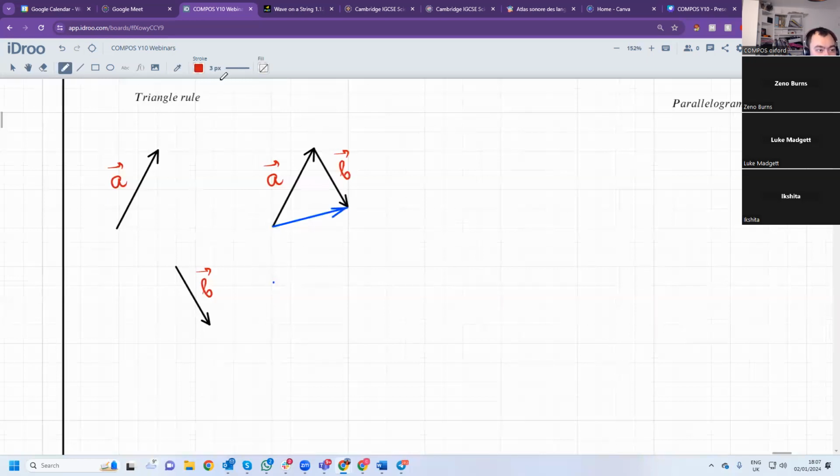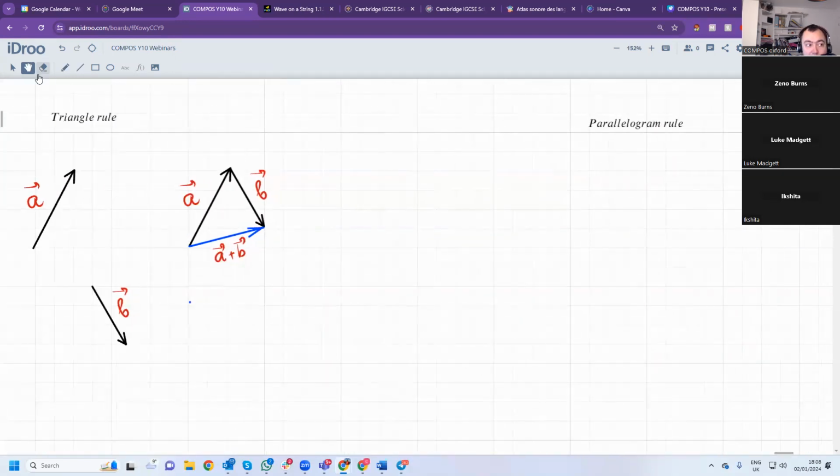And this vector is vector A plus B. This is how you add vectors. Any questions here? So you draw the vectors one after the other, and then you just add them. No problem?